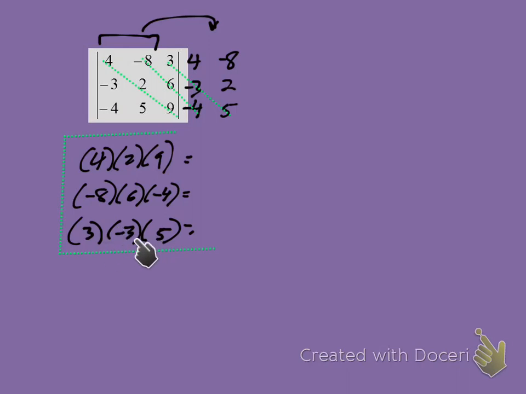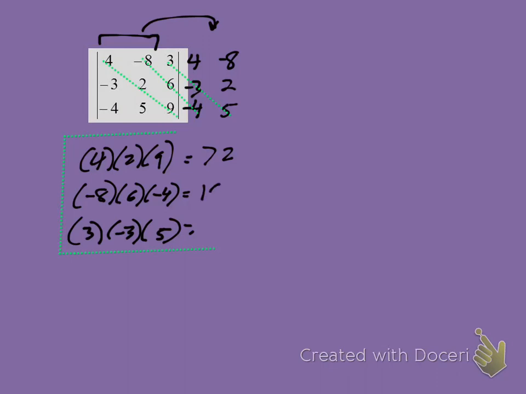Multiply these all out. So 4 times 2 is 8. 8 times 9 is 72. Negative 8 and 6, let's see, 8 times 6 is 48. 48 and 4 is, hold on. 192.